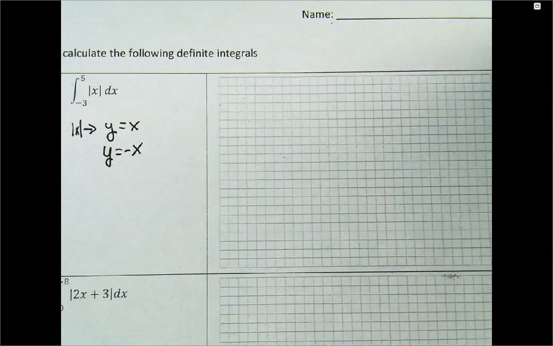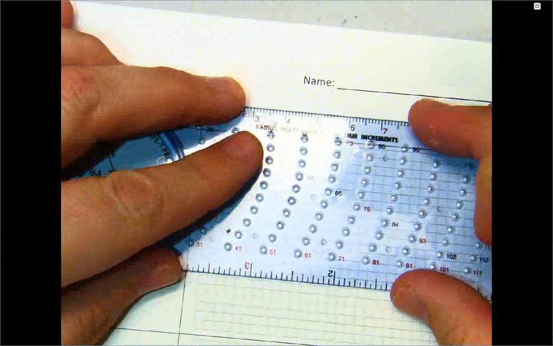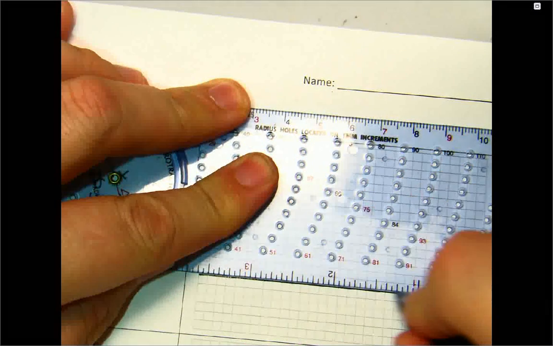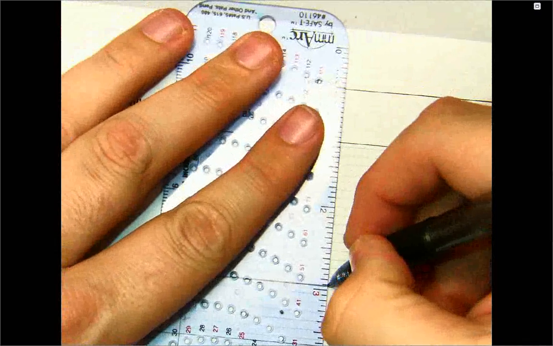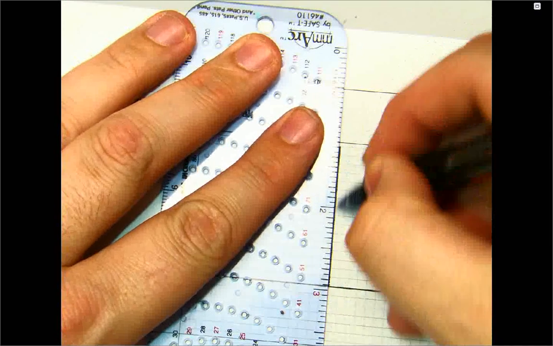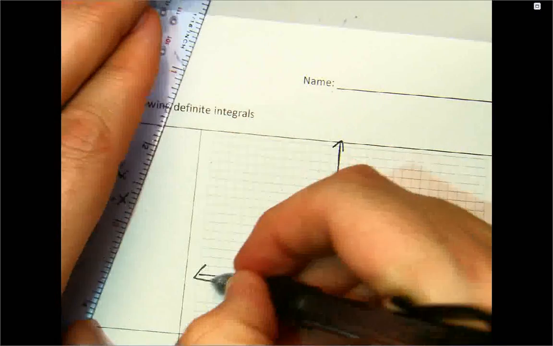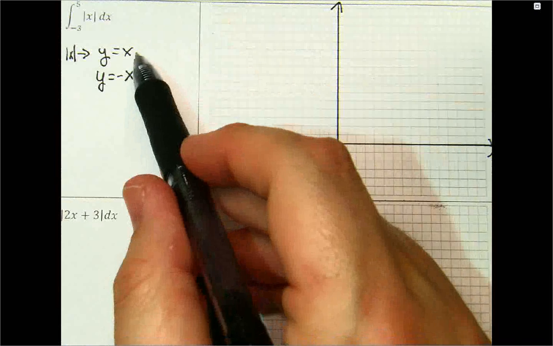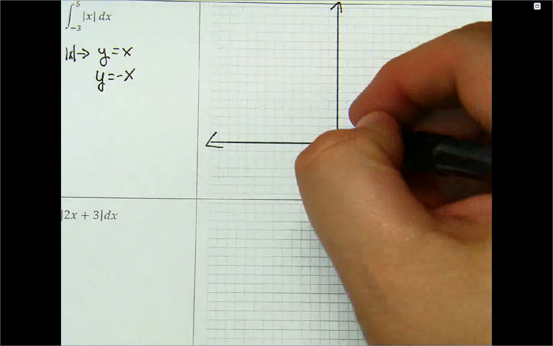And so we're going to have to draw a coordinate plane here. Now, where do these intersect? 0, 0.